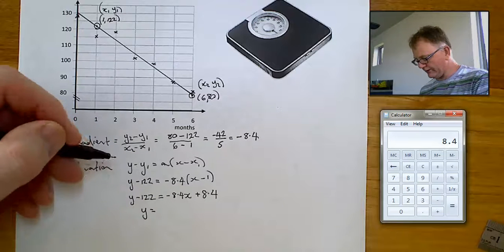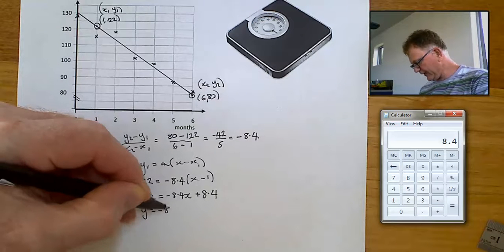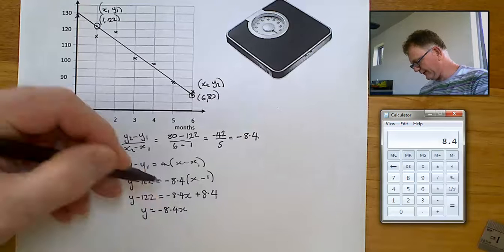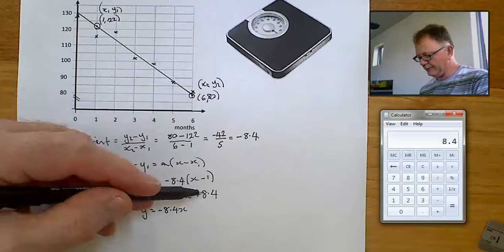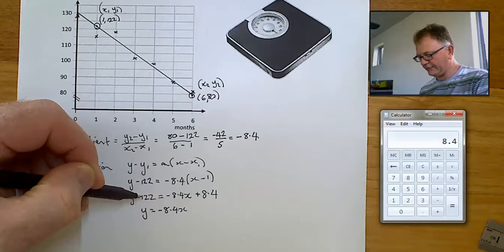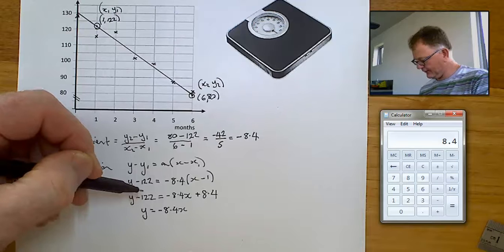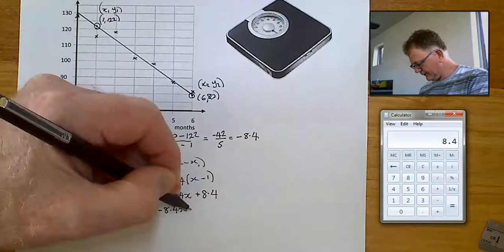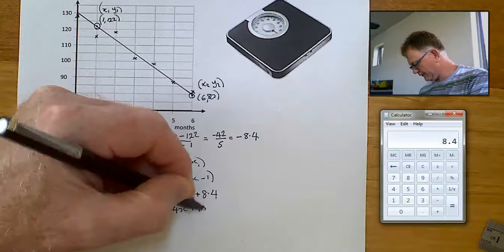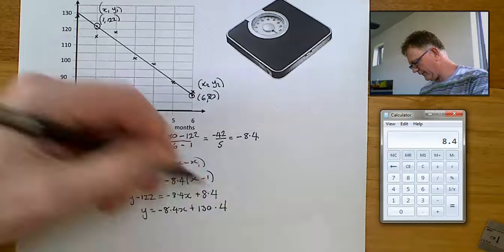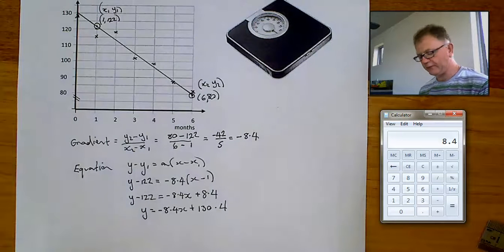So y equals negative 8.4x, and 8.4 add 122 is 130.4. Now that's the equation between those points. Now it's sometimes a good idea, it makes your equation a bit more understandable if you write it in terms of the original variables.